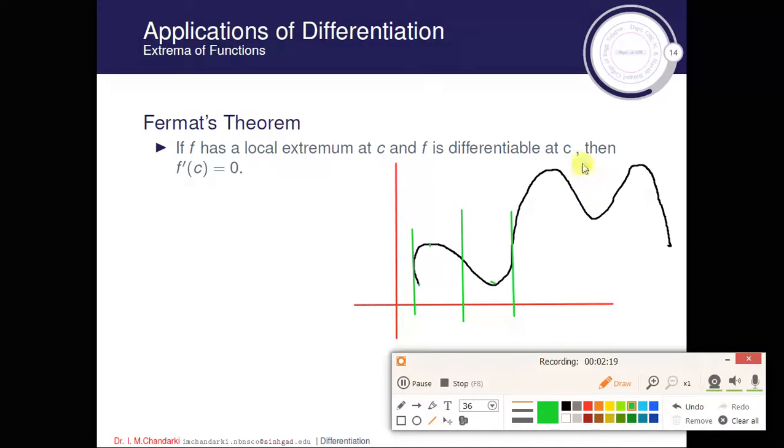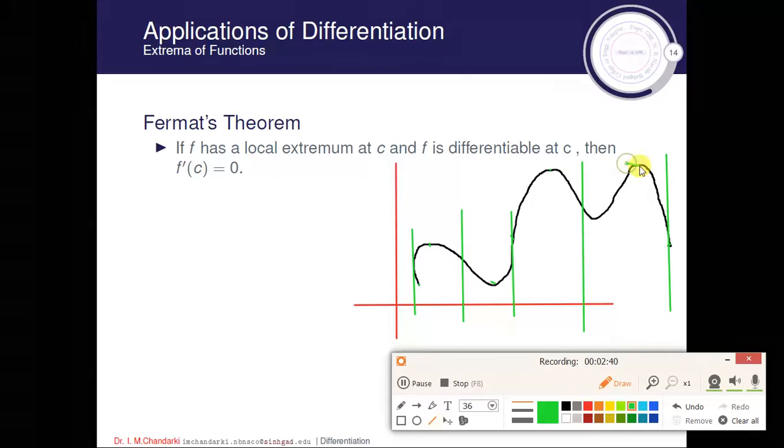If I talk about this interval starting with the fourth green line to the fifth green line, yes, you will be having this as a local minima and this will be a local maxima.